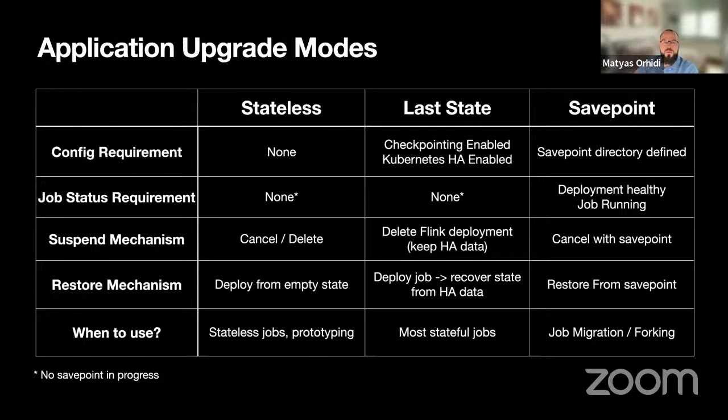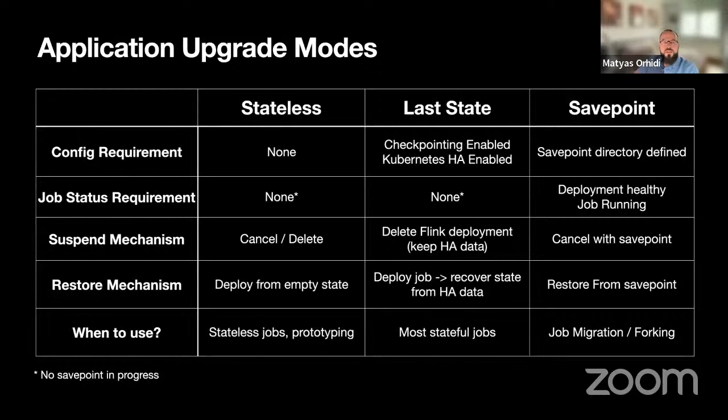The operator will try to shut down the cluster gracefully or delete it when the cancel operation hangs for some reason, and deploy the new job again during the restore operation from empty state. It's good for prototyping, and it can even be used in production for stateless jobs.